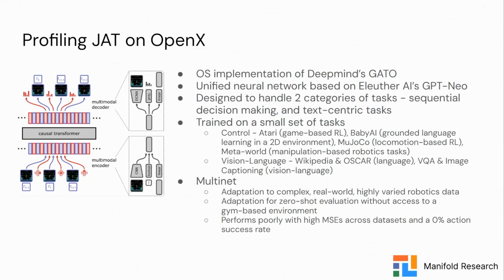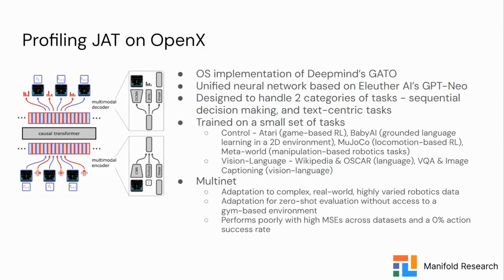Also, the way JAT is evaluated is that because they only train on a super small set of gym-based control tasks, they're evaluated by testing the action predicted by the model in the environment itself. And so that's how they get their feedback and the metrics.